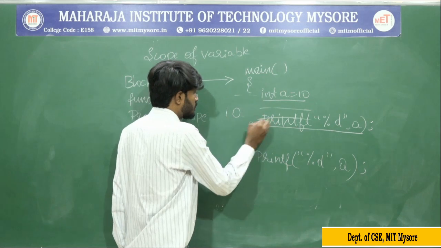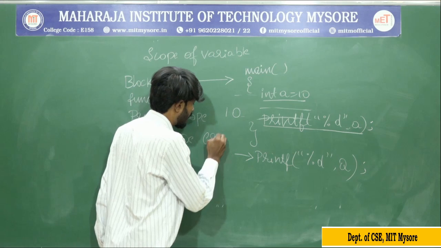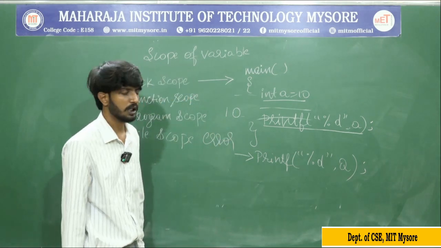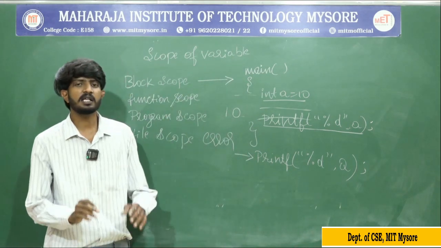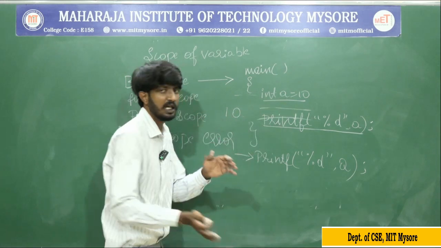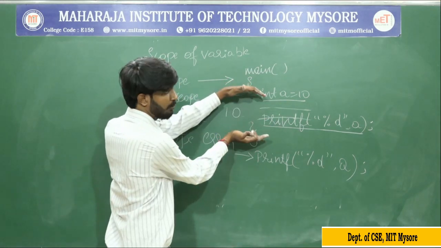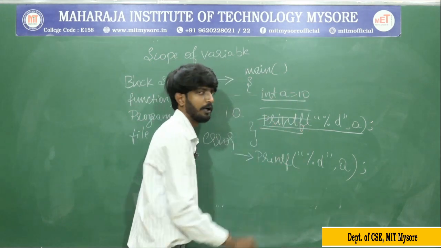After executing this, if the controller comes here, it will throw an error saying a is not defined. So the scope of this variable is restricted to this block only, from the initial point to the final point.